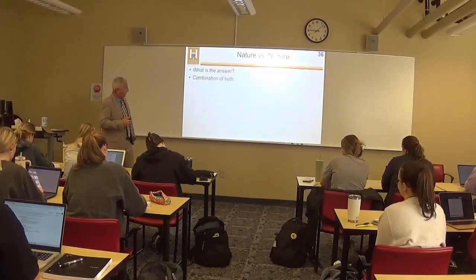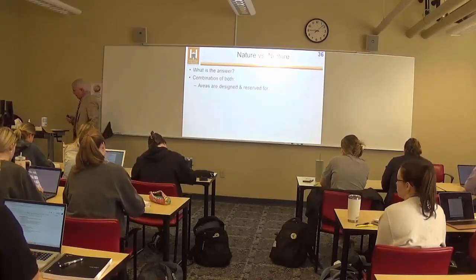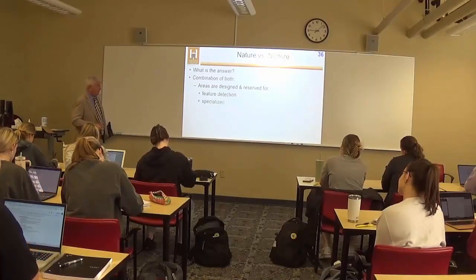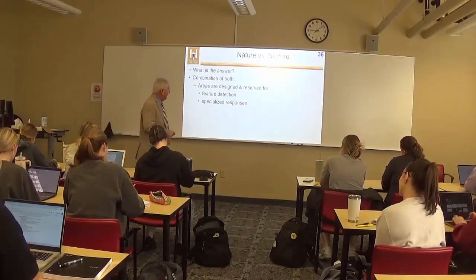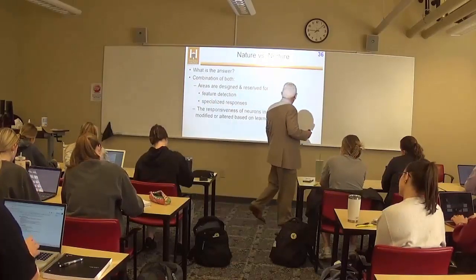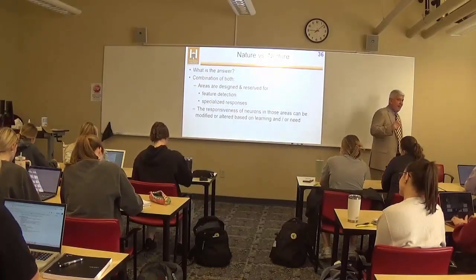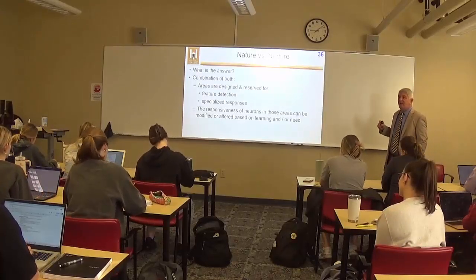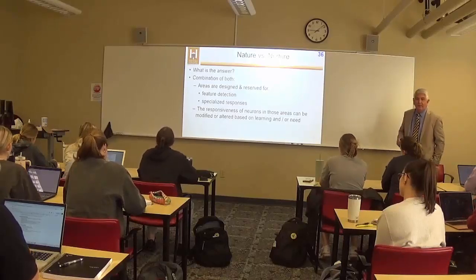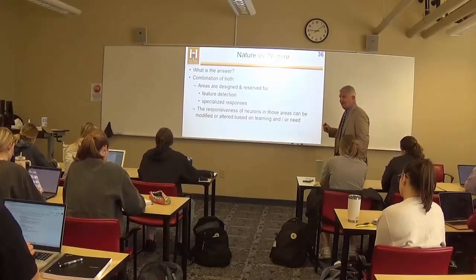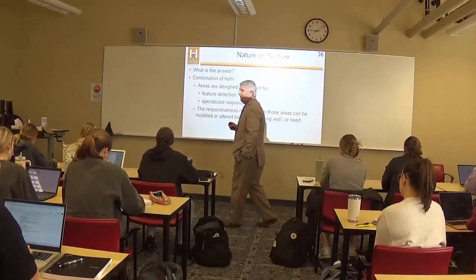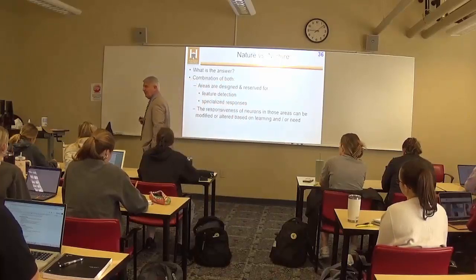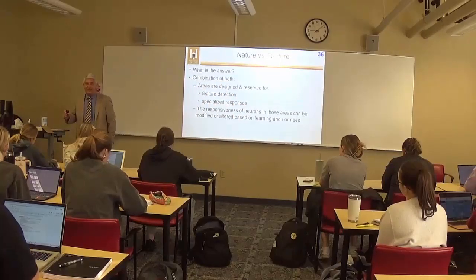All right, so there's a combination of both of these. We have areas that are designed and reserved for different feature detection. We have specialized responses, but the responsiveness of those neurons relies on our experience, and even after development, we can encode new stimuli. Your brains are pretty much fully developed right now, but if you meet a new person this summer and work with them, you're going to encode and remember their face.